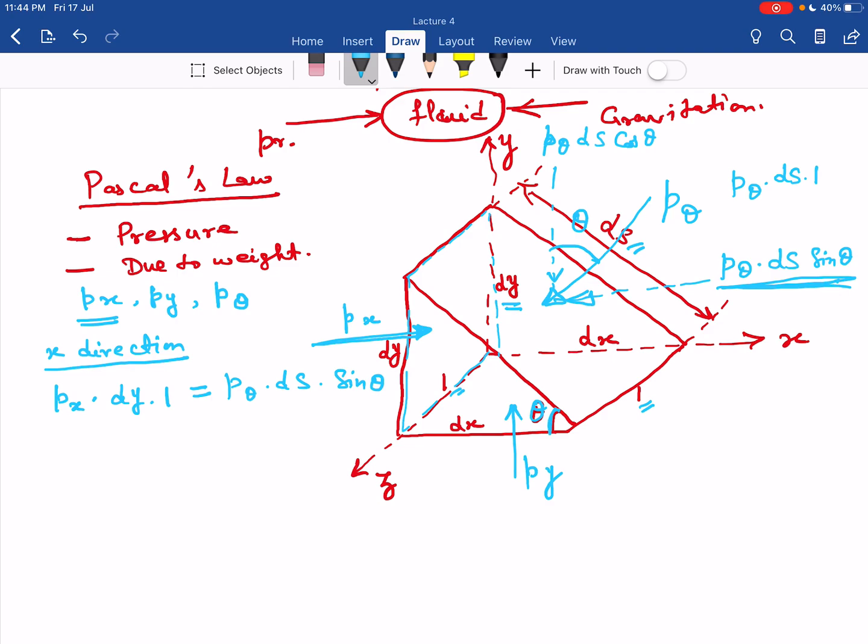Now you can write it as px into dy upon ds into 1 equal to p theta into sine theta. Now this dy upon ds, vertical upon this length, that is ds, so we can write this as sine theta. So our first equation is px is equal to p theta.